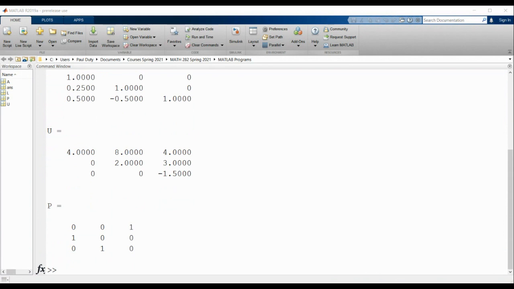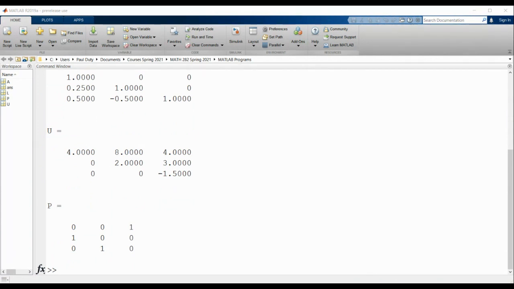I'm wanting you to go back to the notes you copied and check that everything matches. Good, Nafani. And maybe one more person, give a thumbs up. Okay, excellent, Abby. Thank you, everyone. So now you know what MATLAB's doing, how it's doing this permuted LU factorization.